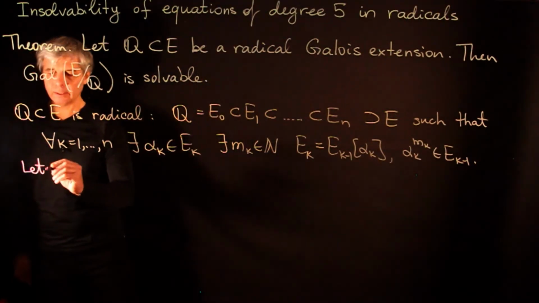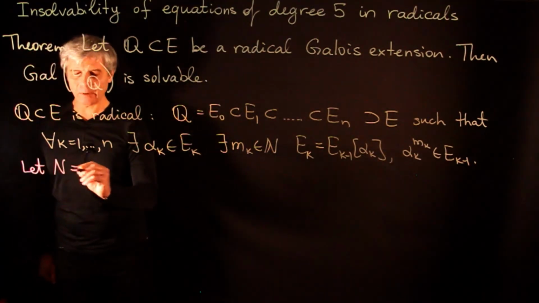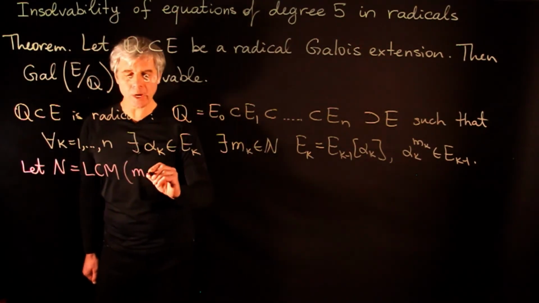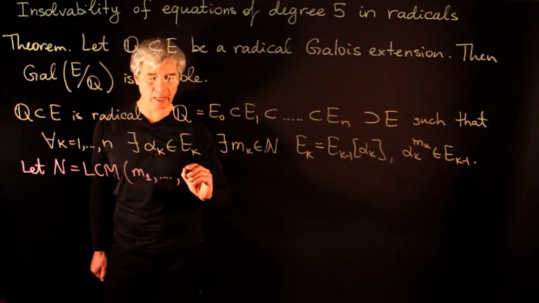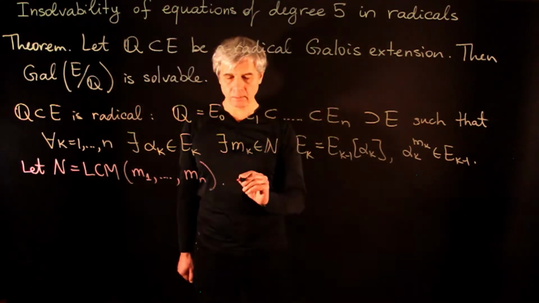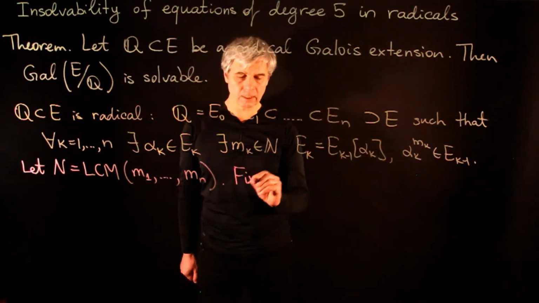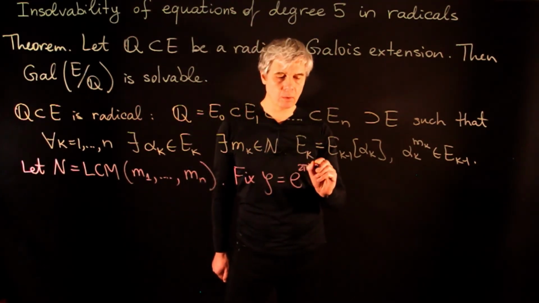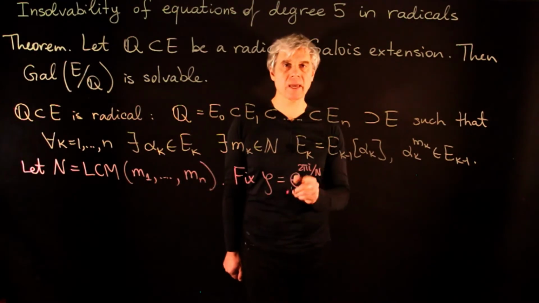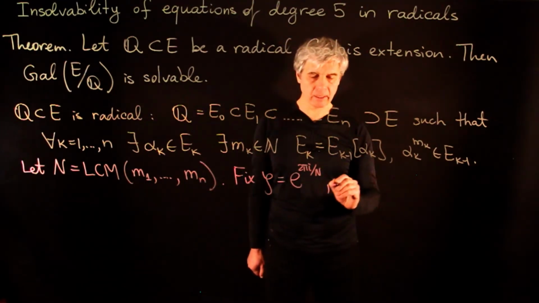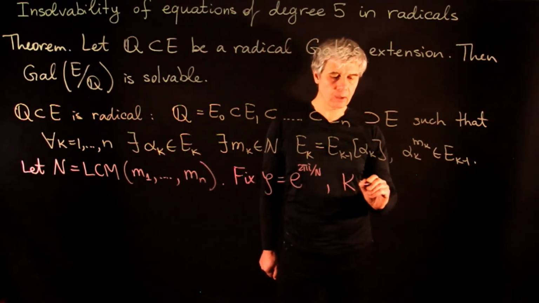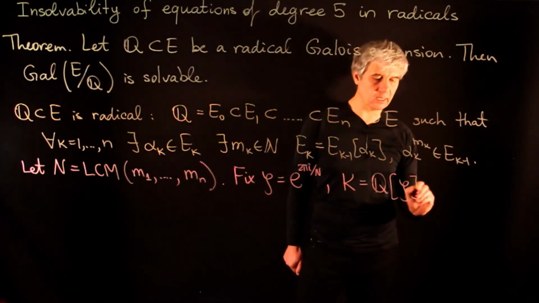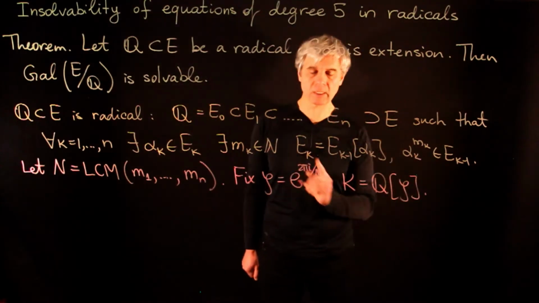Let capital N be the least common multiple of the exponents m1 through mn. Then we fix zeta to be e to the 2 pi i over capital N, so this is the Nth root of 1, and we fix K to be Q extended with zeta, so this cyclotomic field corresponds to this Nth root of 1.